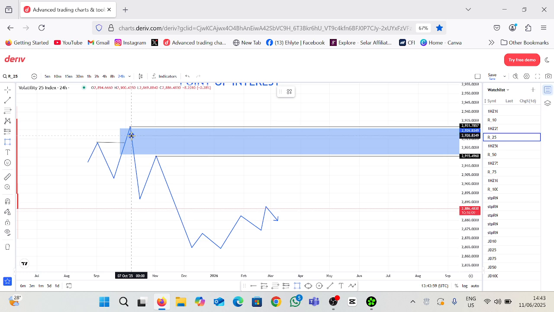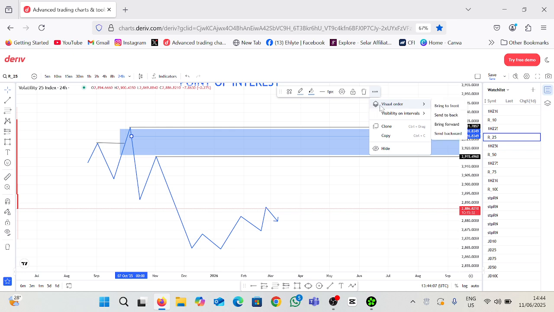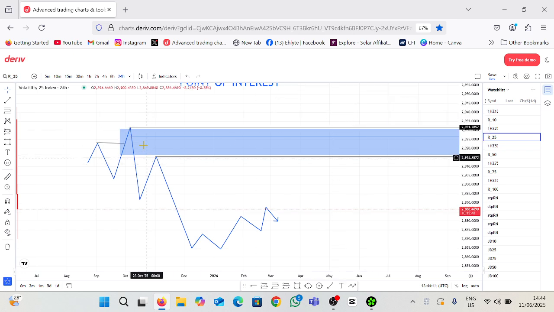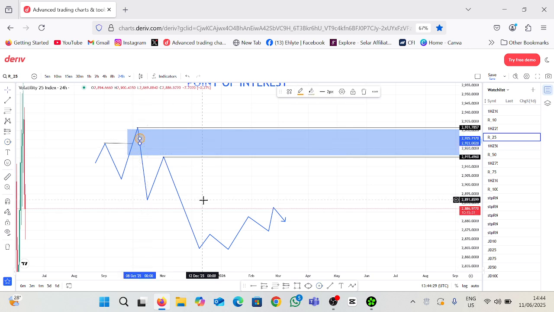When you come to this zone, you need to look out for your order block. Let's say your order block is somewhere here.